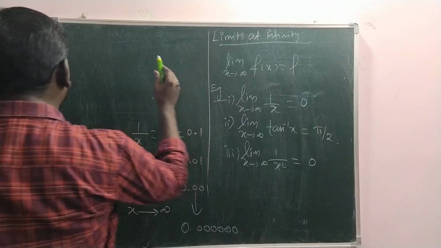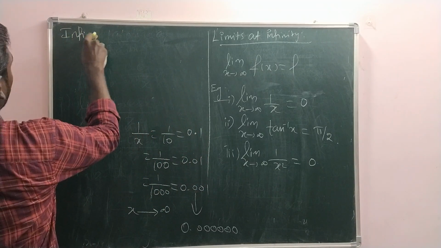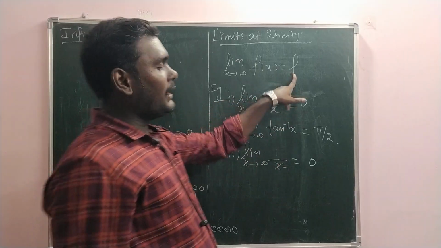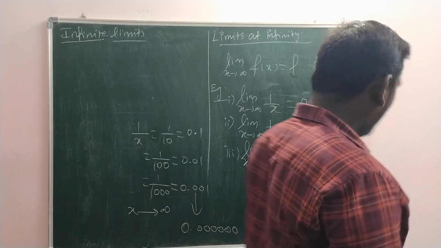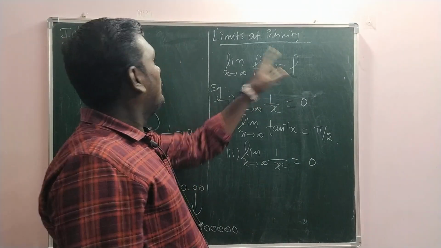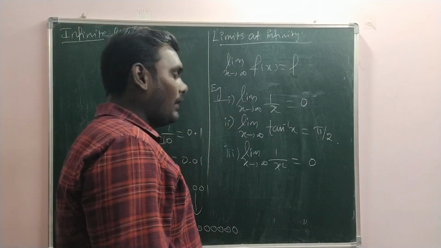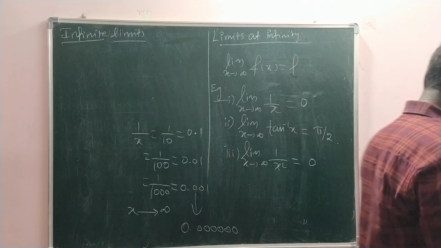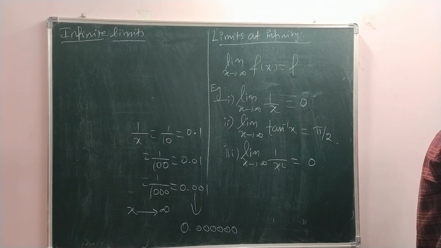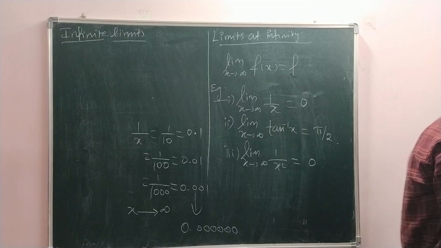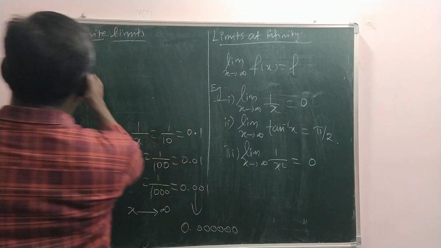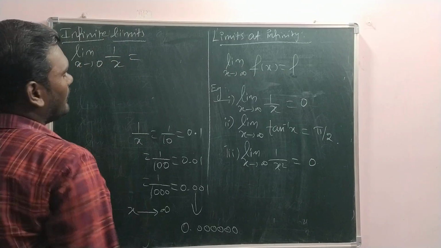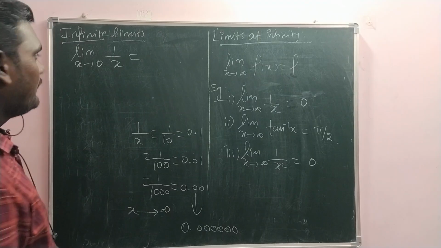Okay, and infinite limits. Infinite limit means this limit can be infinity. So here x can be approaching infinity, but infinite limits means the limit can be infinity. In which situations can the limit be infinity? Sine function, tan function. When x approaches 0, limit x approaches 0, this function 1 by x, where does it approach?